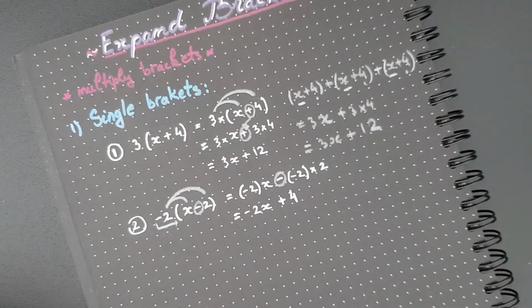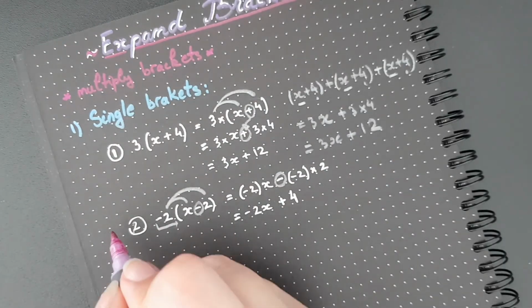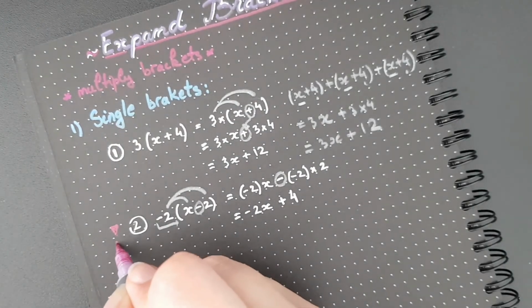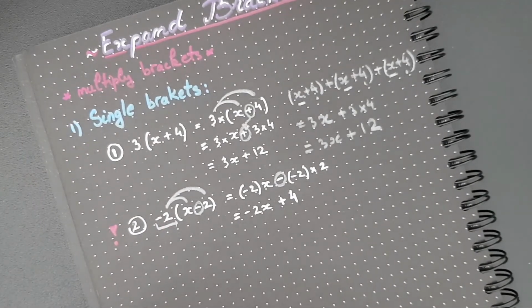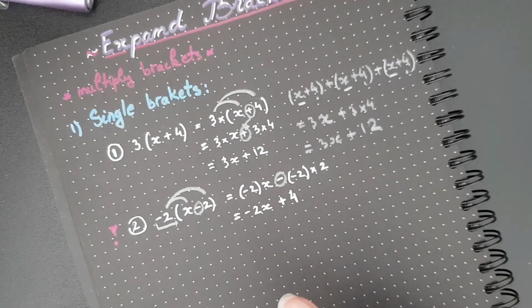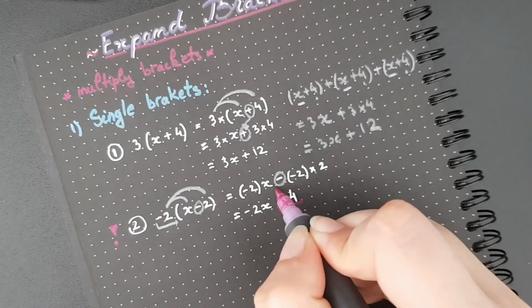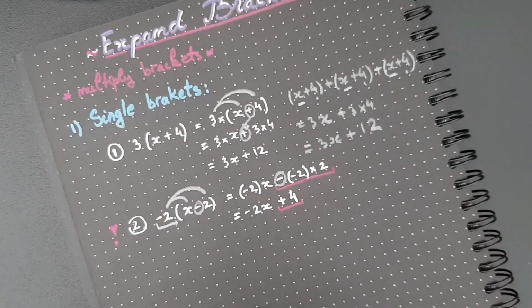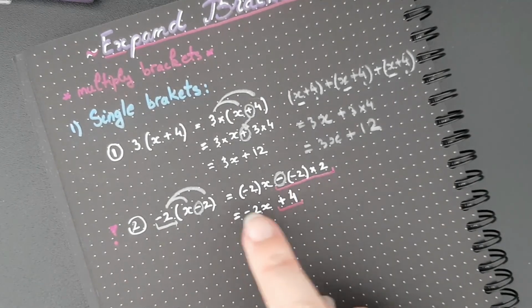So very careful with this one. It does sound like it shouldn't be any issues, but if you don't pay attention to the negative signs, there could be issues and you could have a completely different answer. And I think the issue comes with the second part of the question and not the start of the question.